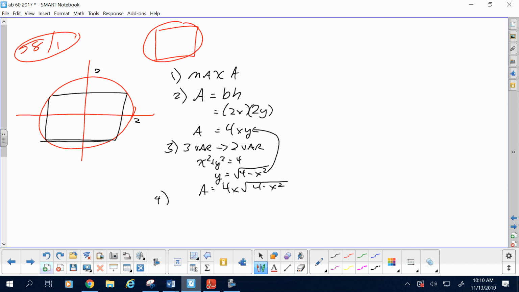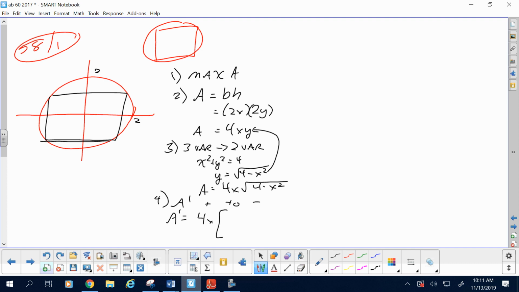Now, we want to do our calculus. We want to find where A prime goes positive to negative. The derivative here requires skill. Be careful. What do you do to get the derivative? Product and chain. So A prime is, first stays the same, 4x.